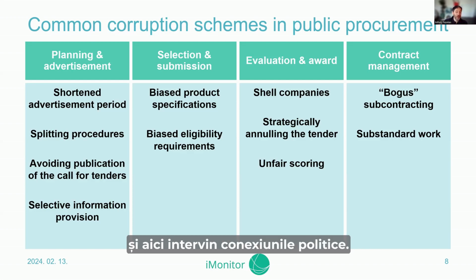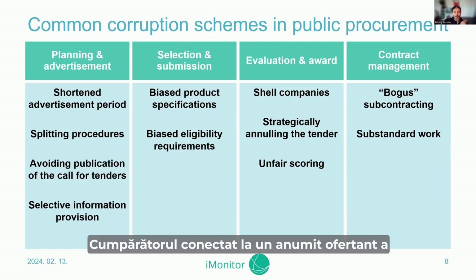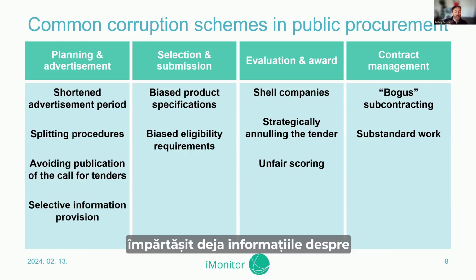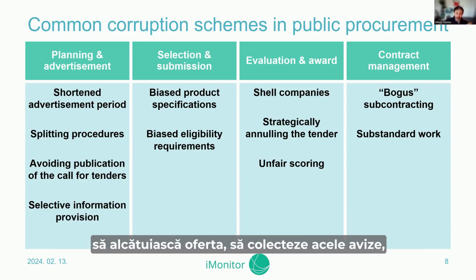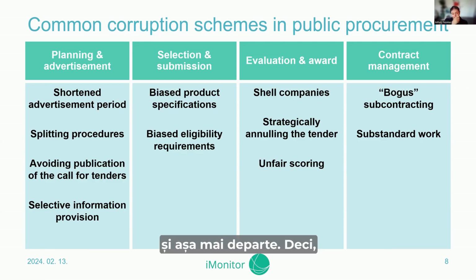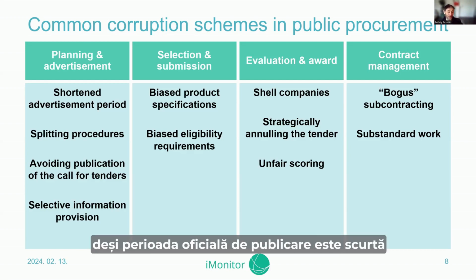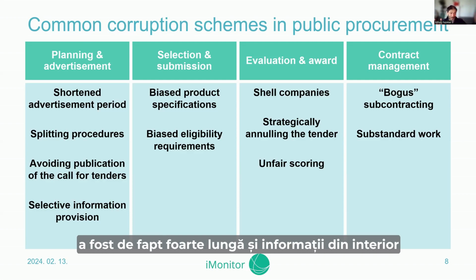Unless, and that's where connections come in, the buyer connected to a particular bidder has already shared the information on the tendering terms, so the connected bidder could start earlier to put together the bid, collect those stamps, and so forth. So even though the official advertisement period is short for everyone non-connected, it was actually very long for the connected bidder, with inside information shared.